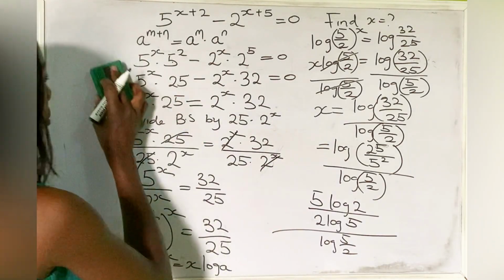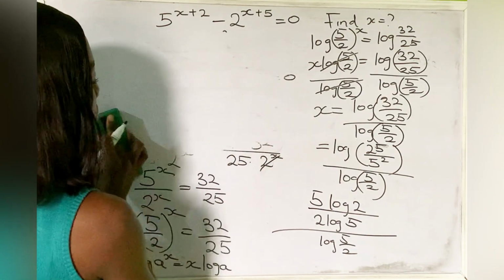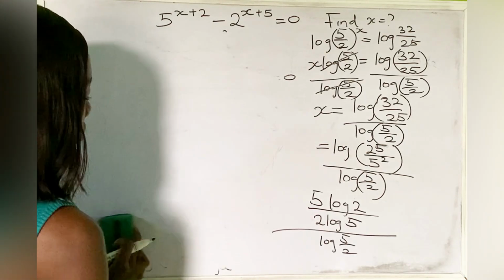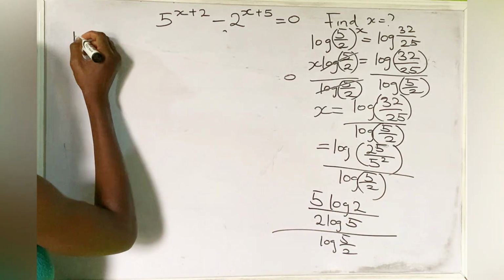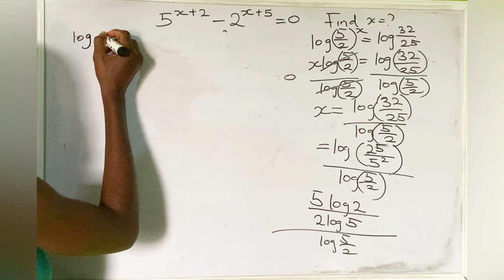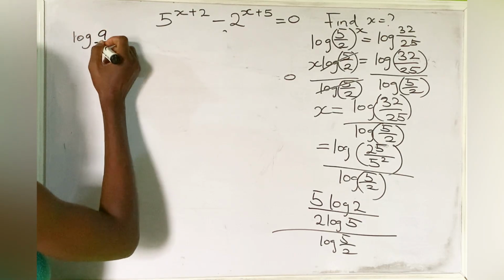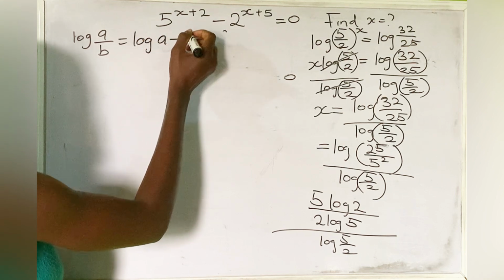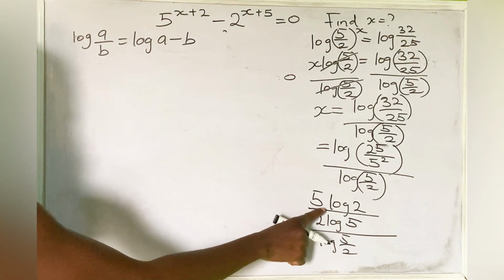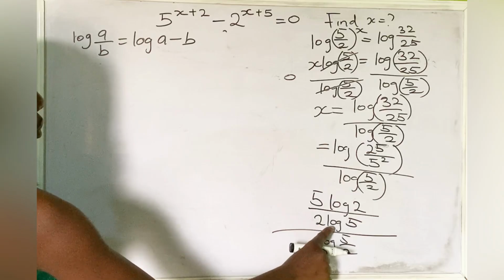Okay, now when you have log a over b, it's the same thing as log a minus log b. You have 5 log 2 over 2 log 5.